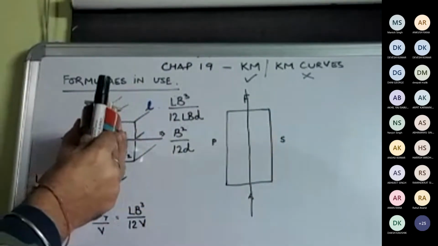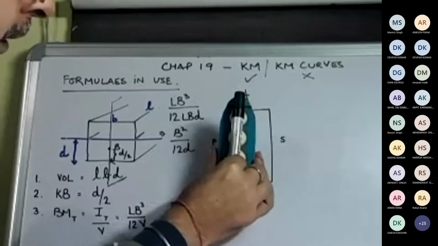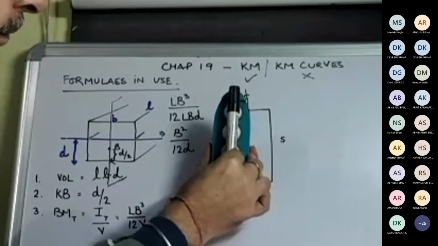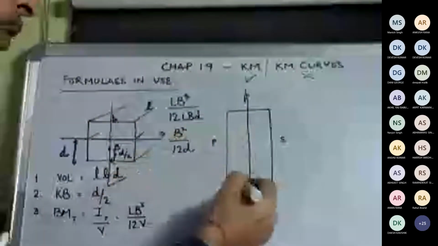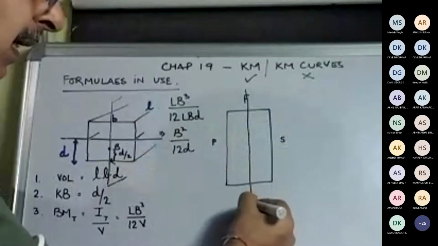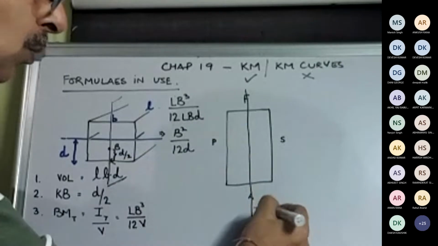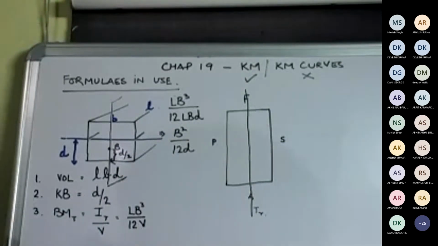This is the axis. So both are the same. This I'm going to call transverse, because it is cutting my transverse side. So ये मैं transverse नाम दे रहा हूं.